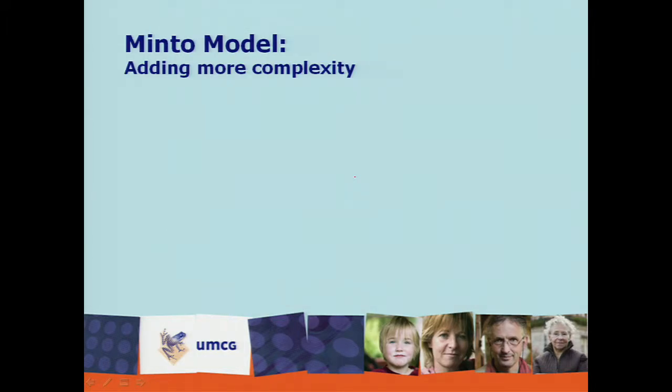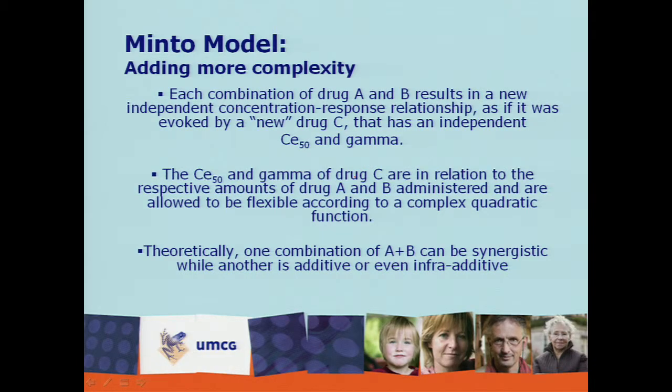This was understood very well by Charles Minto and the Stanford group, and therefore Charles, also studying the interactions of opiates and hypnotics, wanted to add more complexity to their modeling. So they said, well, let's try to build another model where each combination of the two drugs is quite independent from where you are on the surface.